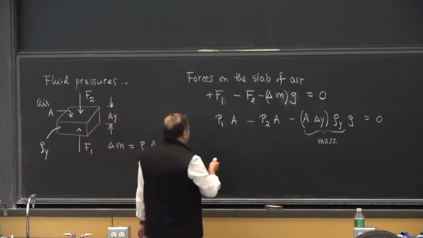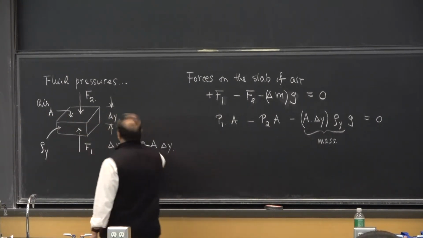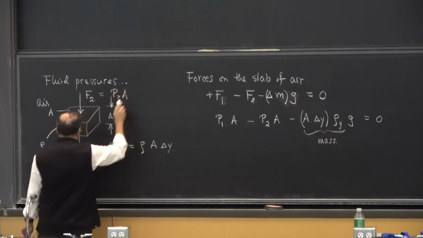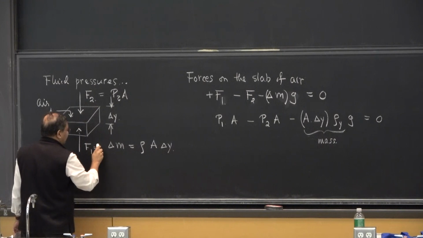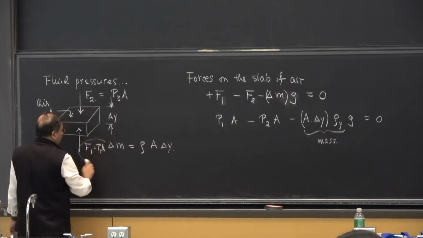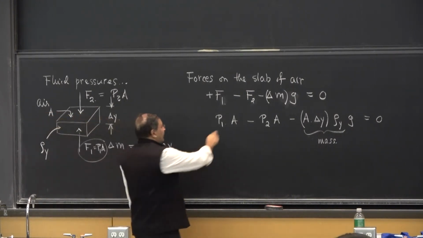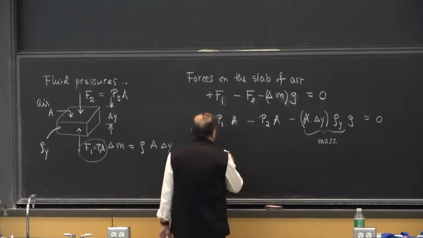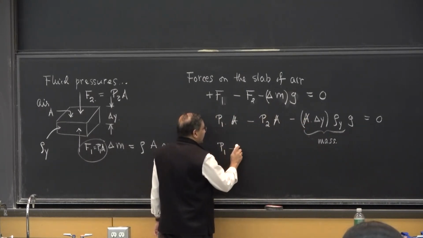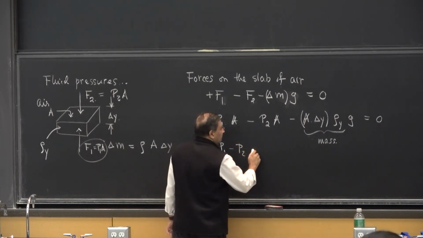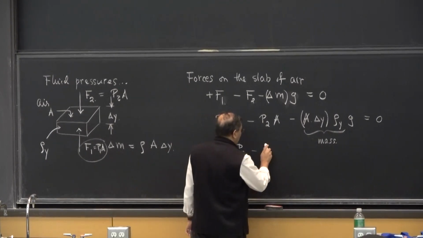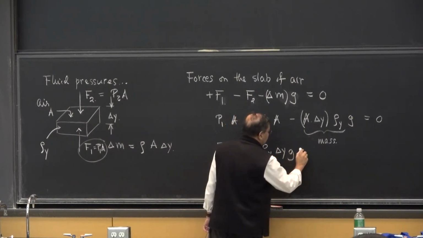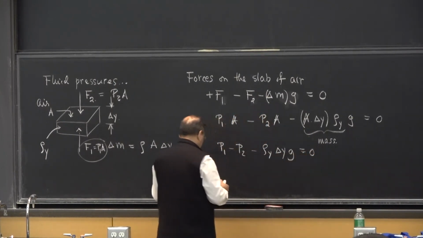So now you see I have A everywhere. This is pressure. I've just converted this F2 to P2 times A and this F1 to P1 times A. So therefore I can cancel out the A's and I'm left with P1 minus P2 minus rho of y delta Y times g equal to 0.